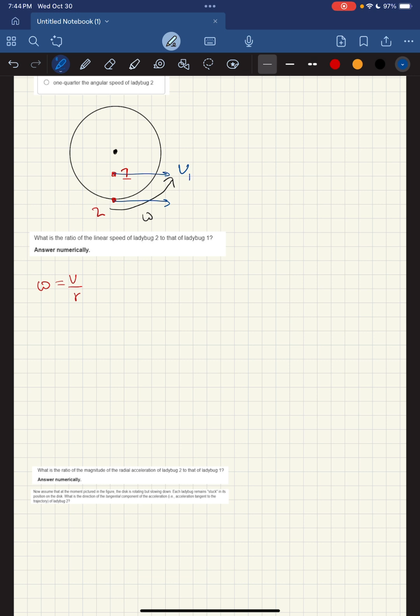We're saying that is v1, that is v2. The angular velocity of both of them is the same, so we could set them equal to each other.